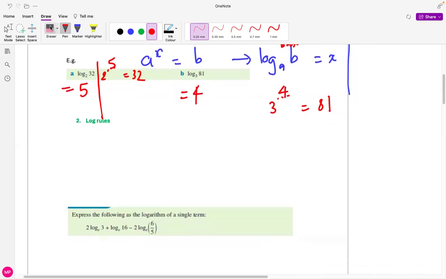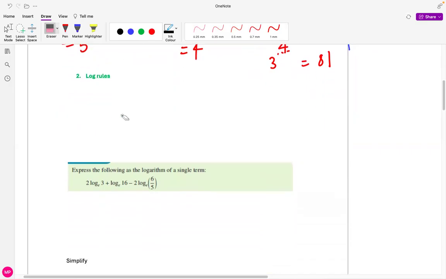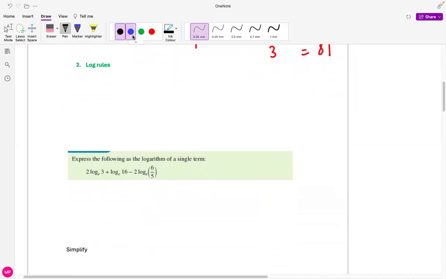All right, now we're going to learn some log rules. If you have log 2 of 4 plus log 2 of 8, and you compare with log 2 of 32.